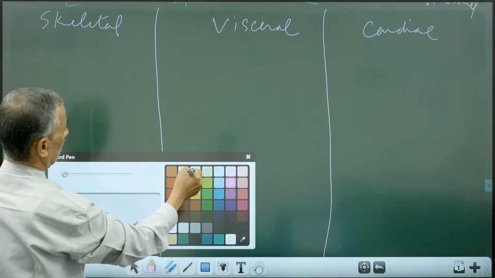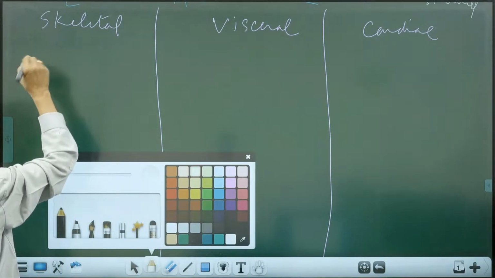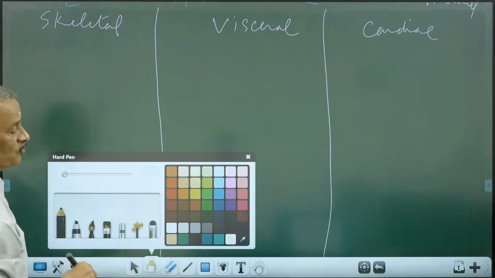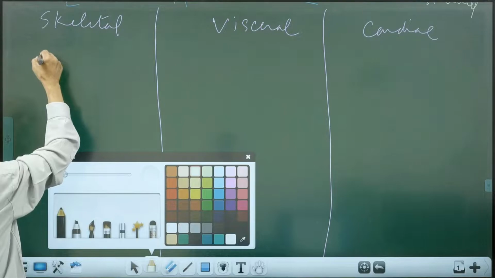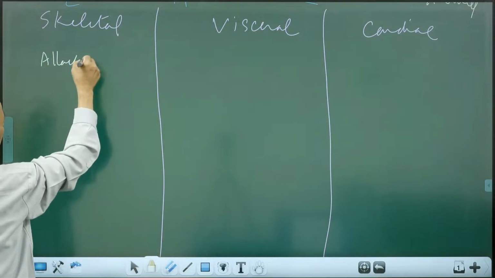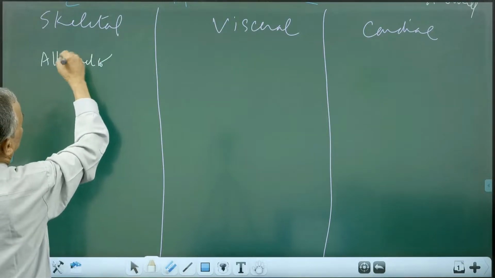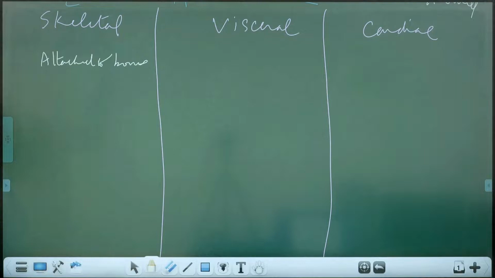Skeletal muscles are attached with the bones, and it is these muscles that are responsible for locomotion. So they are connected with or attached to the bones. These muscles are made up of muscle fibers.